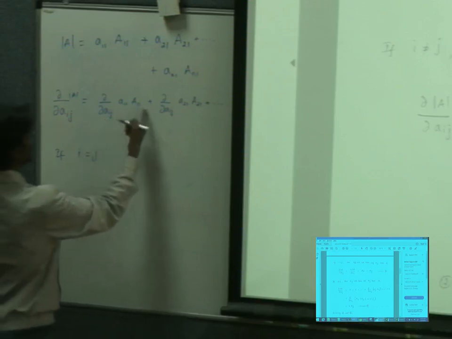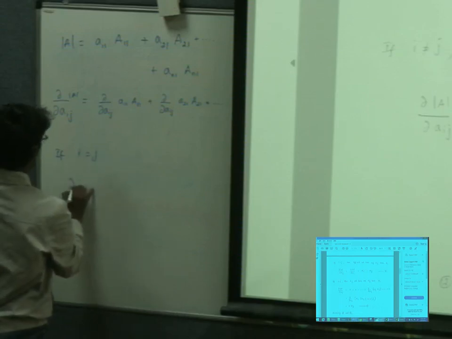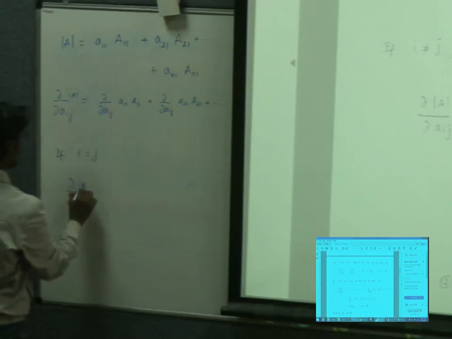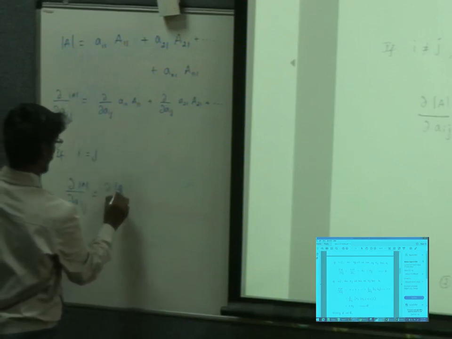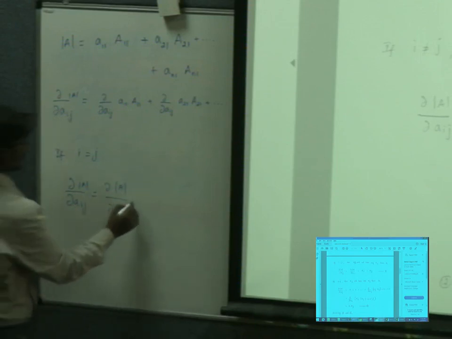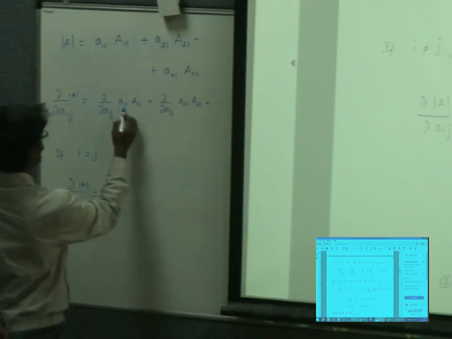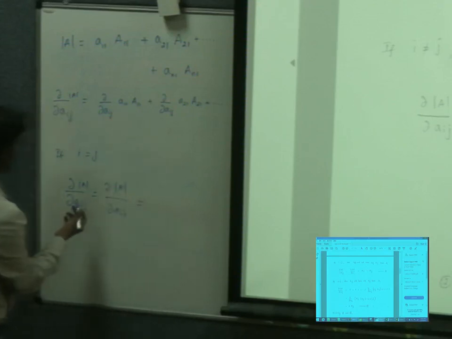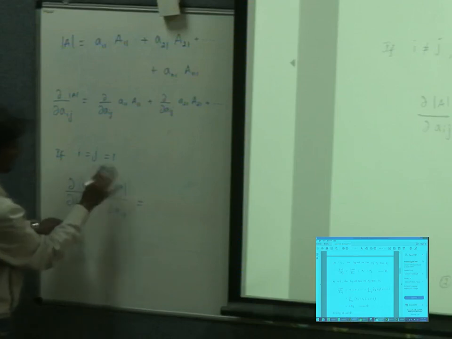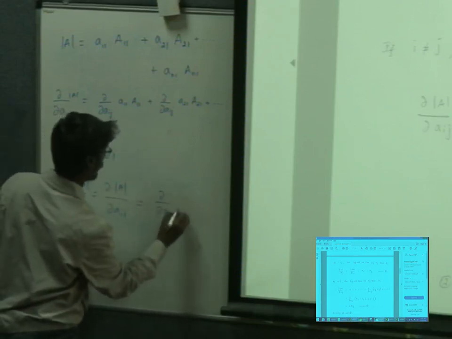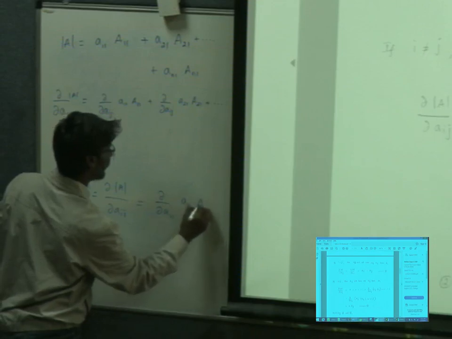So dou by dou aij of the determinant of A is nothing but, maybe you can even take i equal to 1 just for simplicity, dou by dou a11 of a11 into A11.